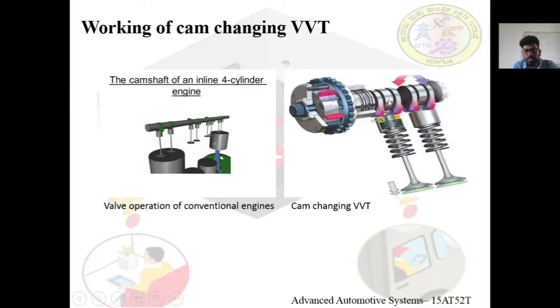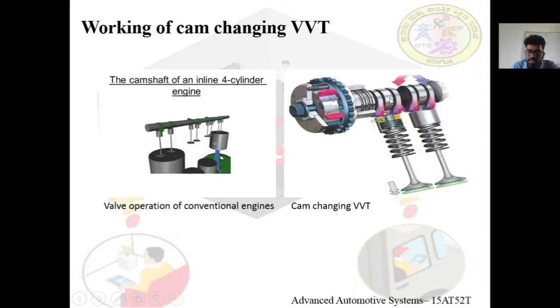At low speed or medium speed, at normal speed, the valve lift and duration of lift is operated by the middle, small cam profile. So when it is operating on the small cam profile, the valve lift, duration and timing of the lift will be small.